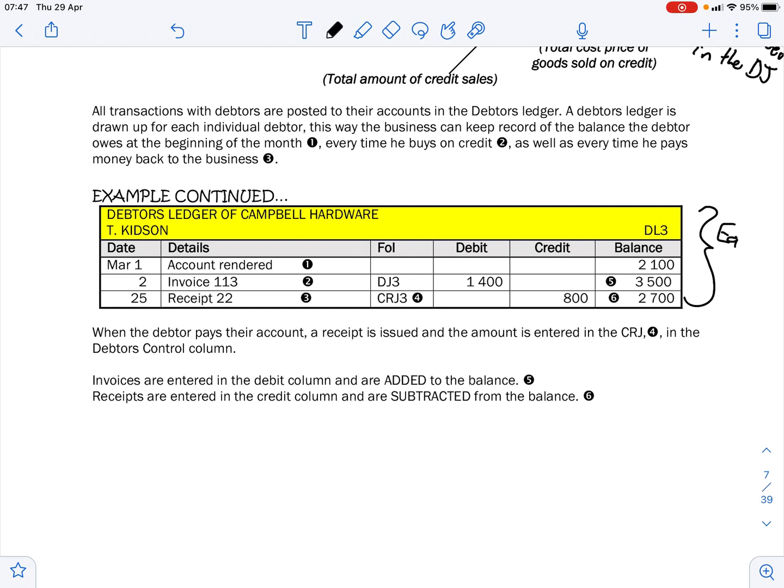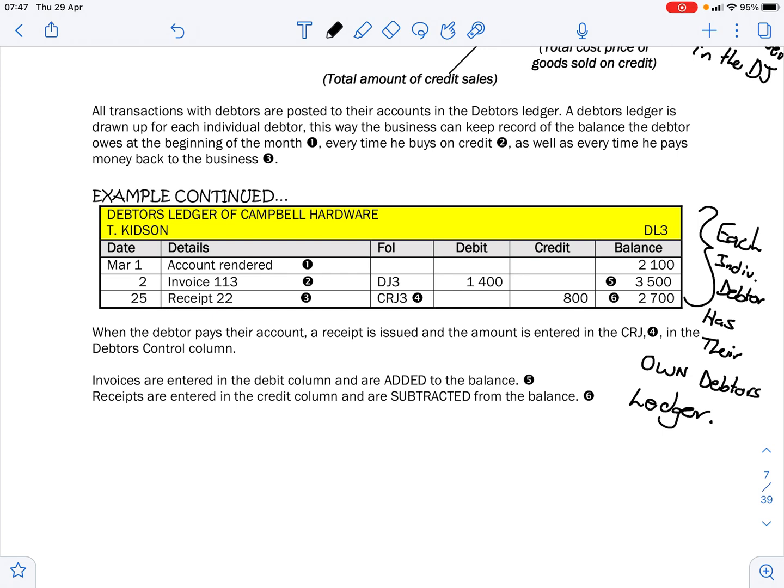So each individual has their own debtors ledger.